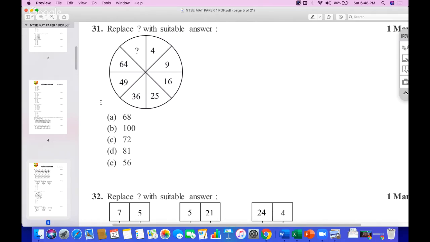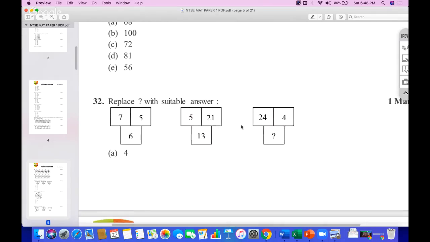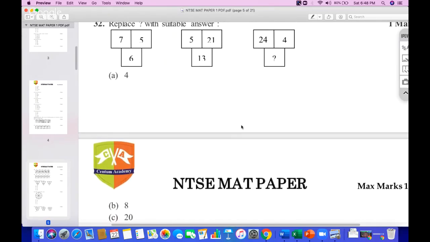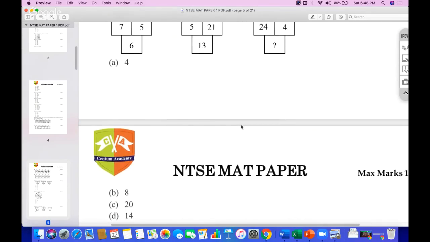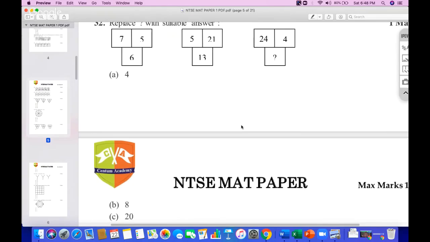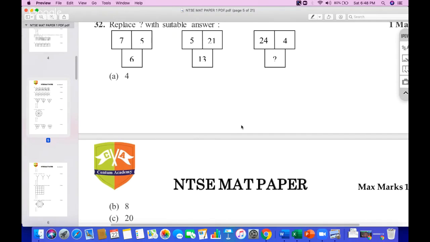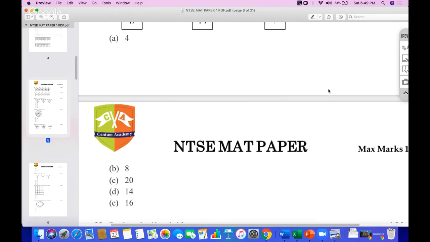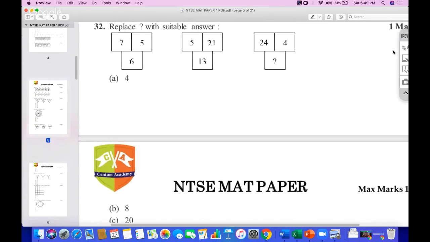So this you don't need to solve. Solve question number 32. I'm writing option D, and option C is 20, D is 14, and E is 16, I think. Yes, 14 and 16.